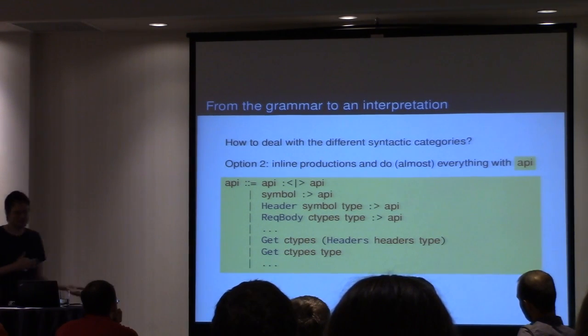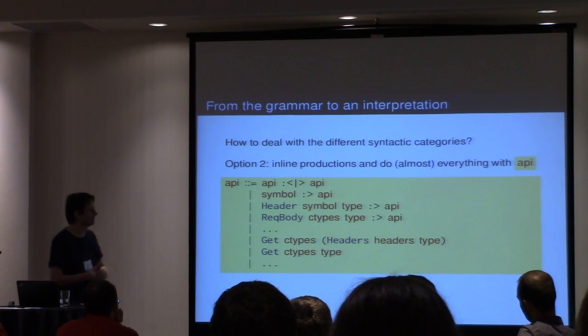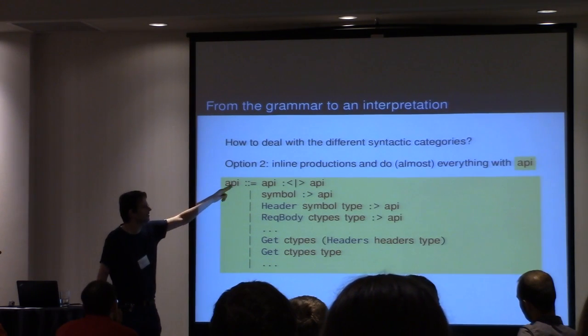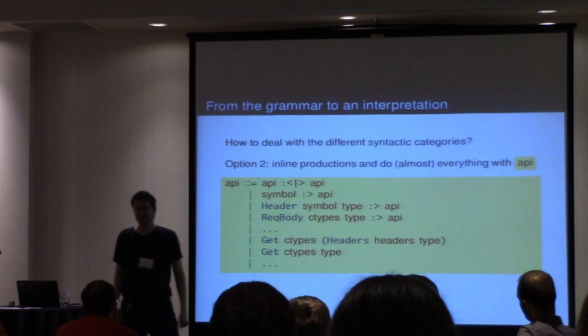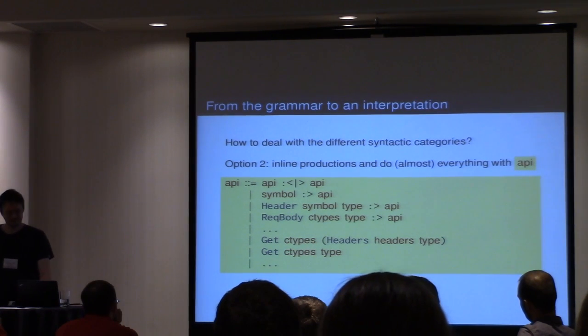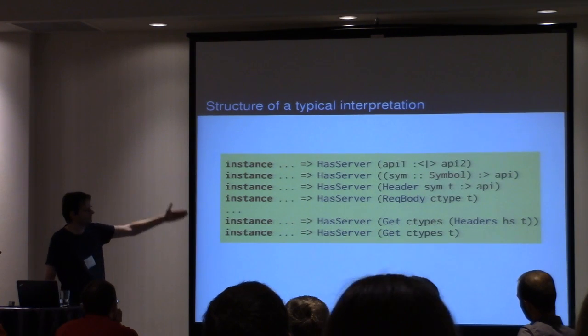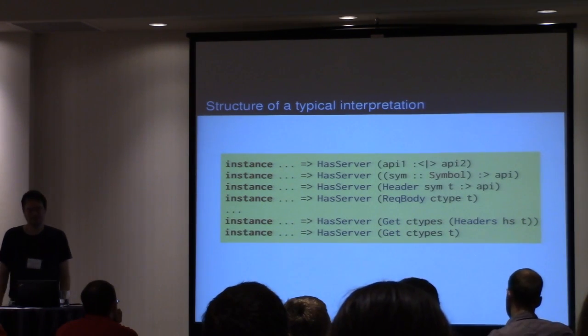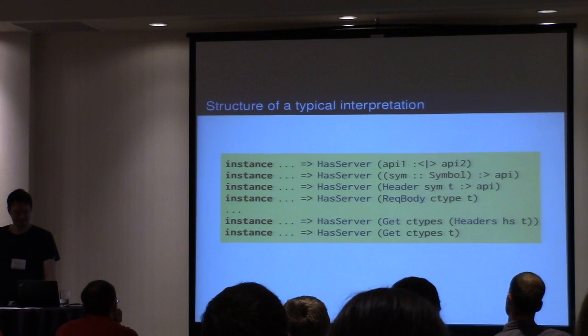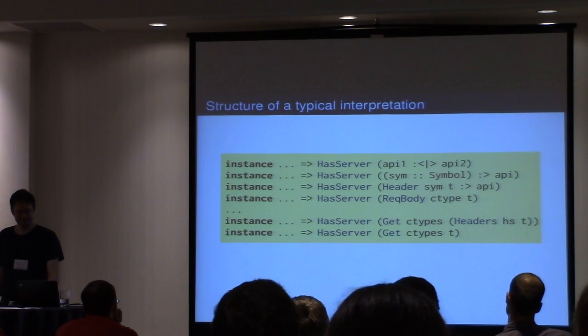And then you're essentially just having to deal with two major categories, the API category and the content types category. And then you can define just instances for each of these different cases that you have seen on the previous slide for the HasServer class.